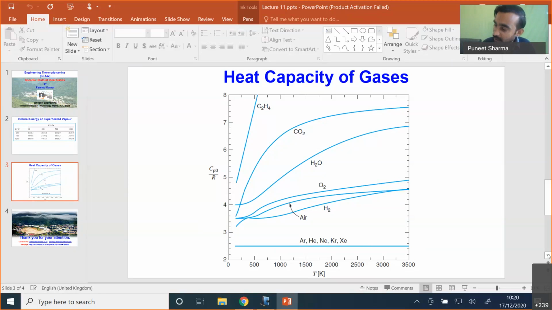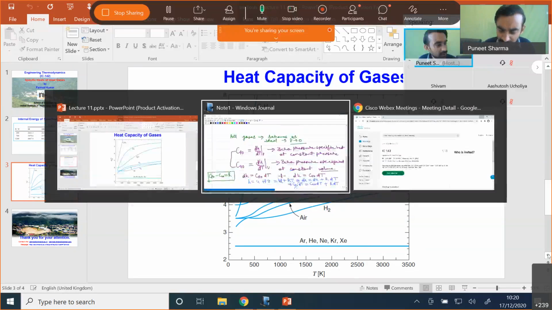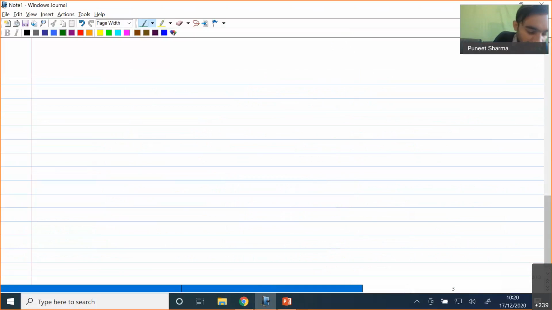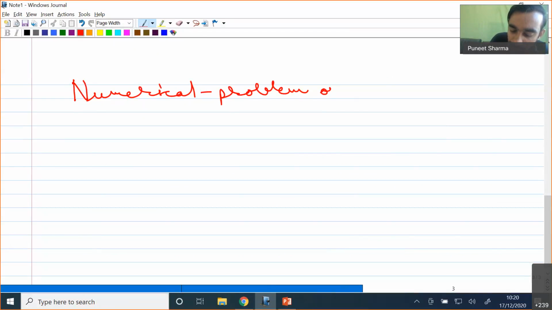Now let me briefly tell you what will happen while we are solving numerical problems for air. Air, or any gas that we have as the working medium, in that case we have to always take CP naught as a function of temperature.